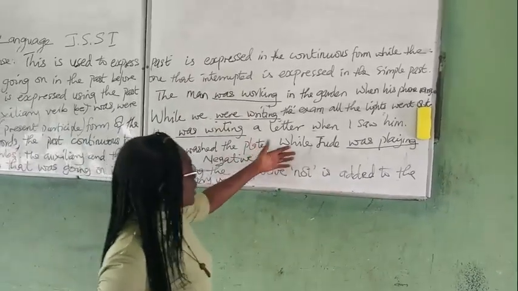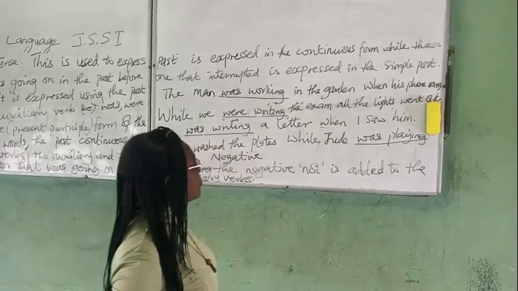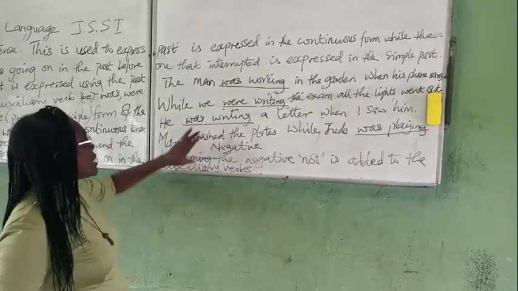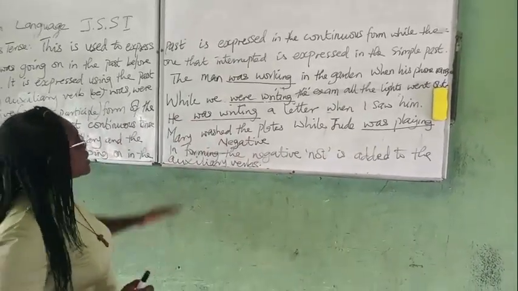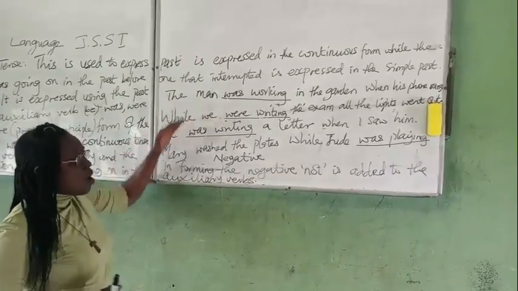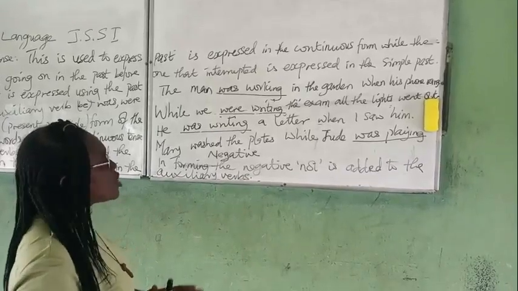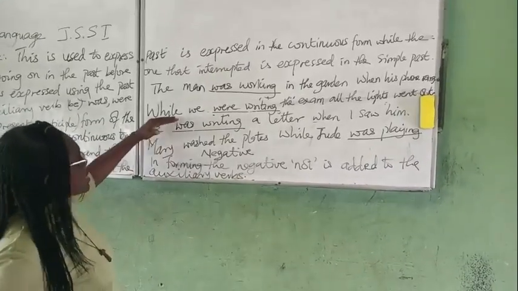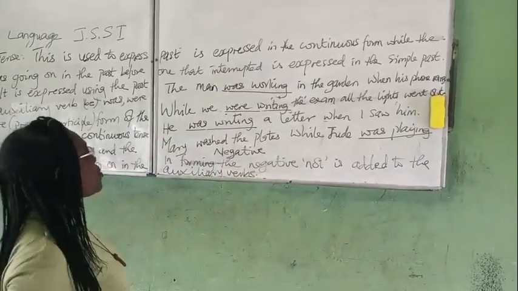"While" talks about time, "when" talks about time. So you notice again that the past continuous will not necessarily come first or last. It has no particular position. You can start with it or you end with it.